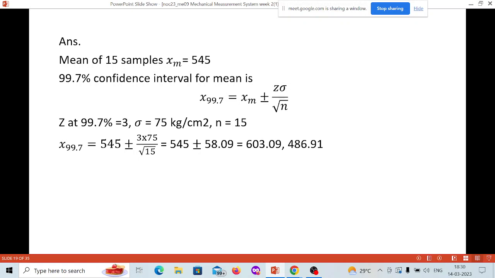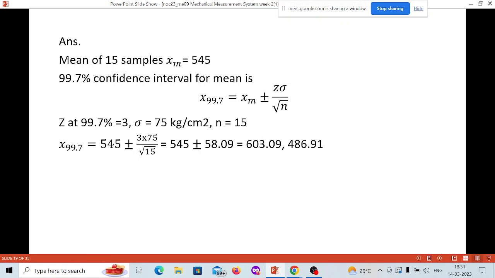So x mean plus or minus z sigma by root of n, and for 99.7%, z is 3. Sigma, the standard deviation, is given as 75, and n is the number of samples or observations, which is 15 here.